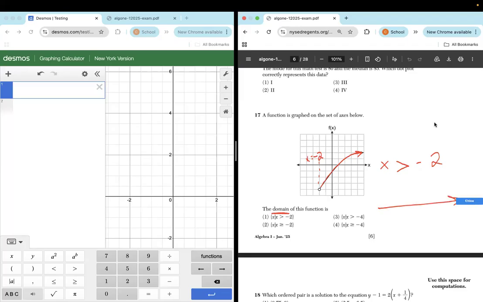Like if I had a number line and this is -2, everything to the right of it is greater than -2. Now, the reason why I don't have the 'or equal to' is because I have an open circle. You can think of an open circle as like a hole or a point that's not included on the graph. So an open circle means I'm going to use greater than, not greater than or equal to. So my answer is choice 1.